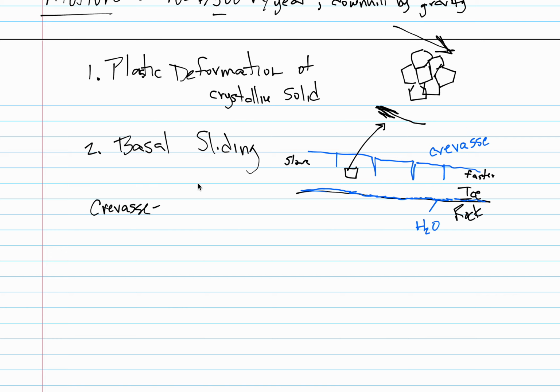A crevasse. This is a crack on the brittle surface of a glacier. If you watch an adventure movie where people are in a glaciated terrain, someone almost invariably falls into a crevasse or needs to be rescued from falling into a crevasse. Crack on brittle surface by differential velocity.